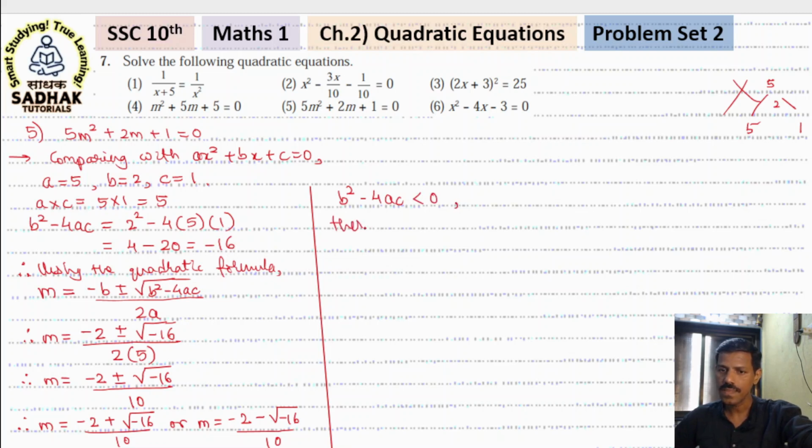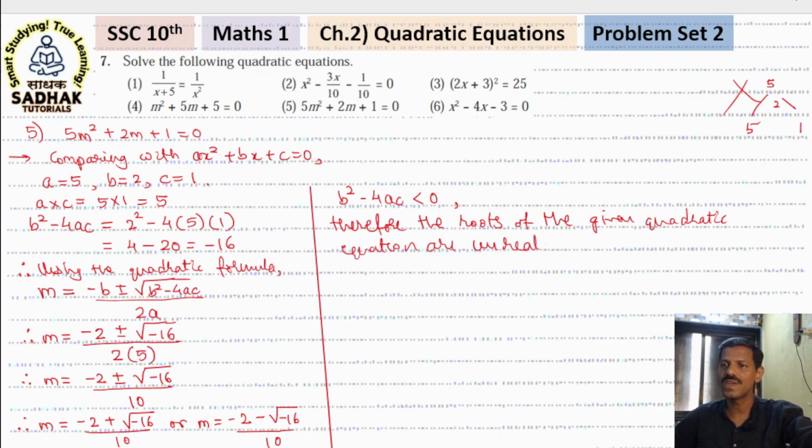Therefore, the roots of the given quadratic equation are not real. Okay, so that will be the answer of this question.